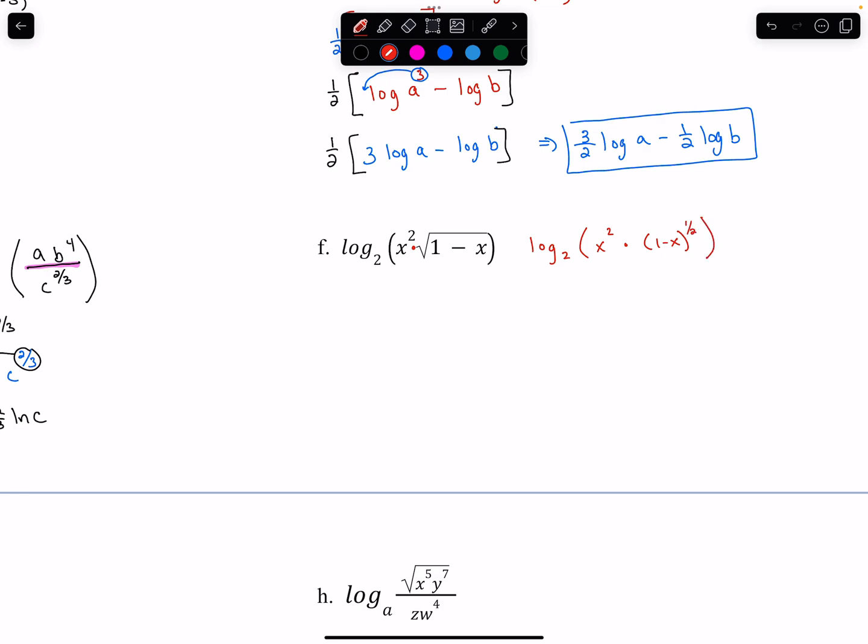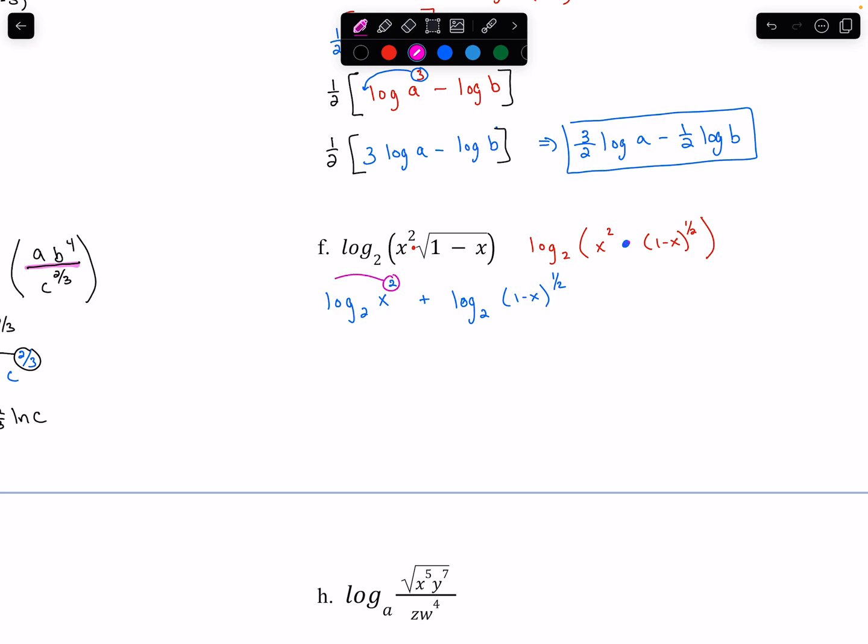So just rewriting those separately. All right, so we got multiplication, so let's address this multiplication first. So multiplication implies addition, so log base 2 of x squared plus log base 2 of 1 minus x to the 1/2 power. And not much more to do here.